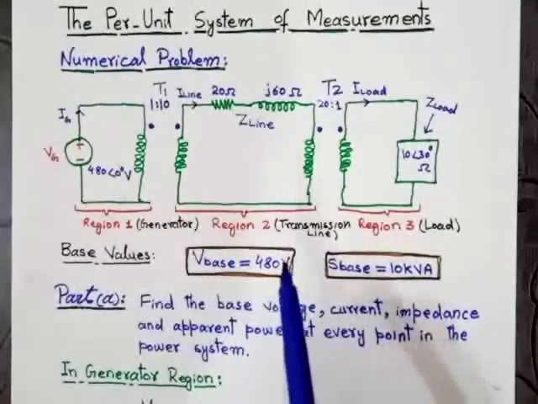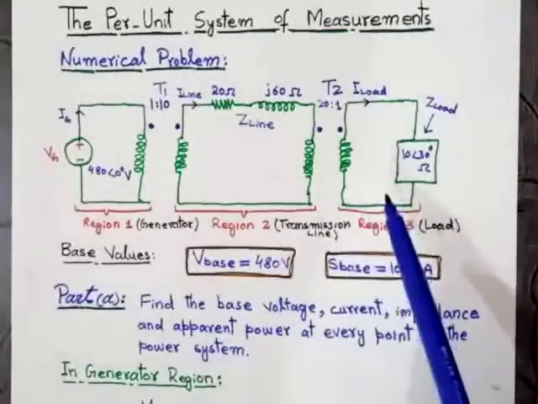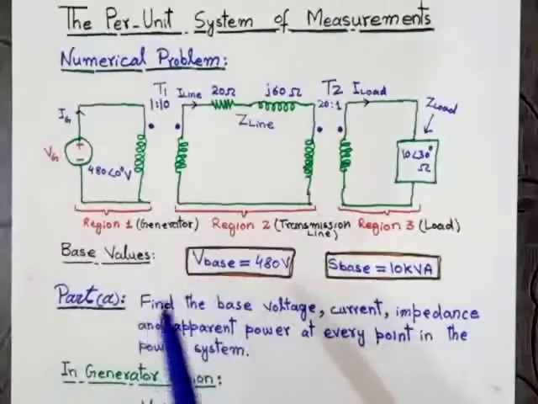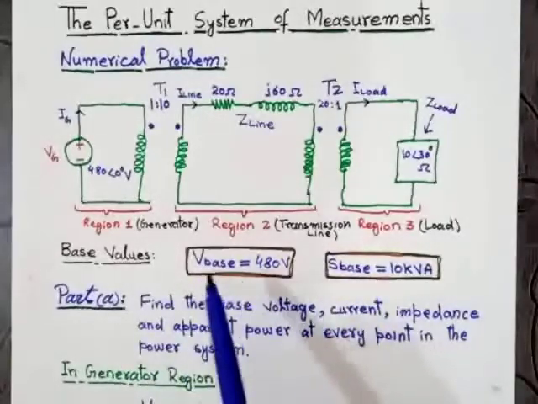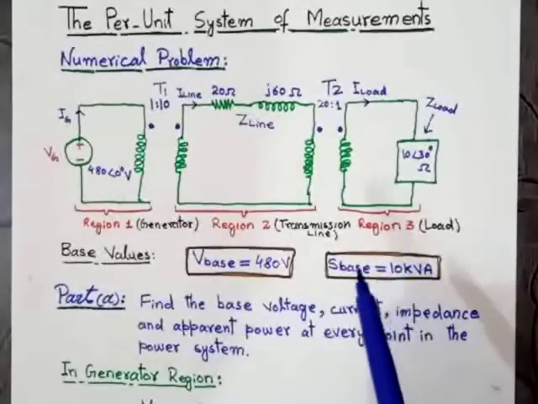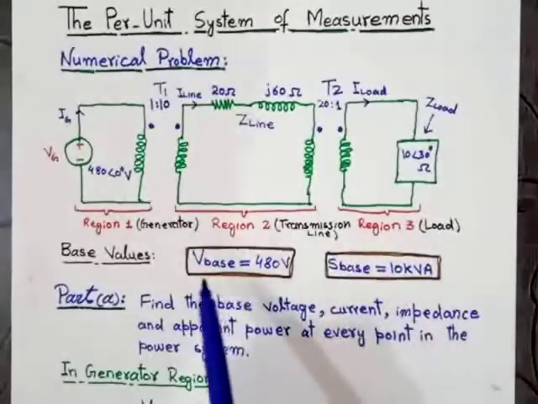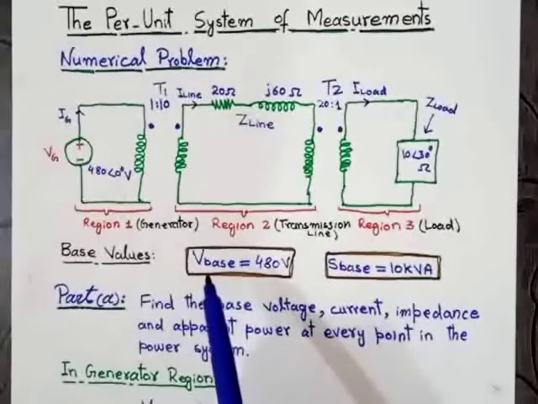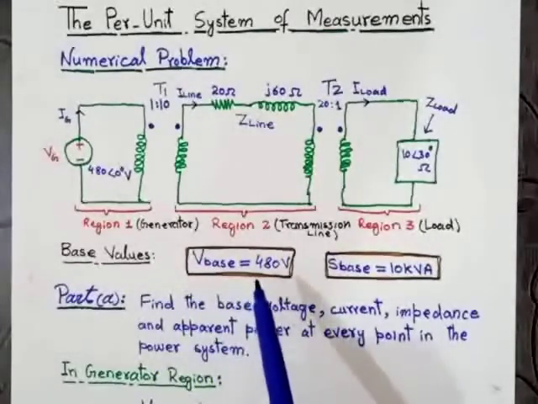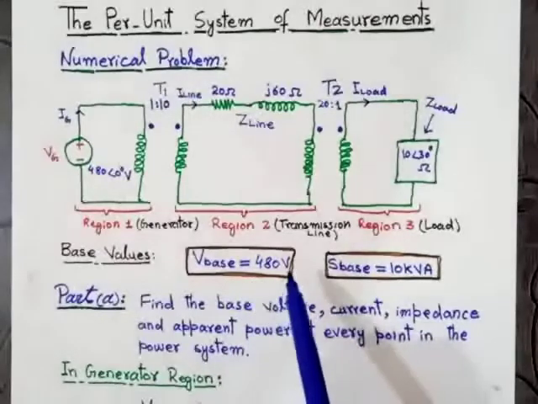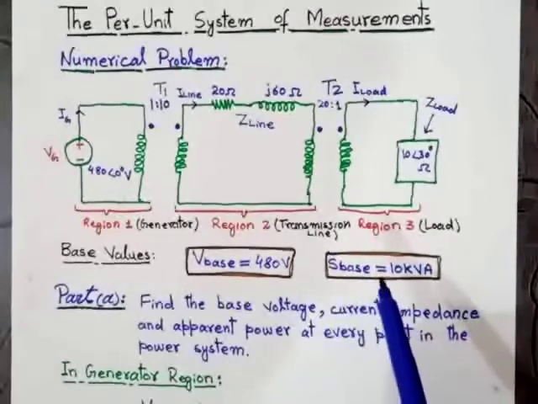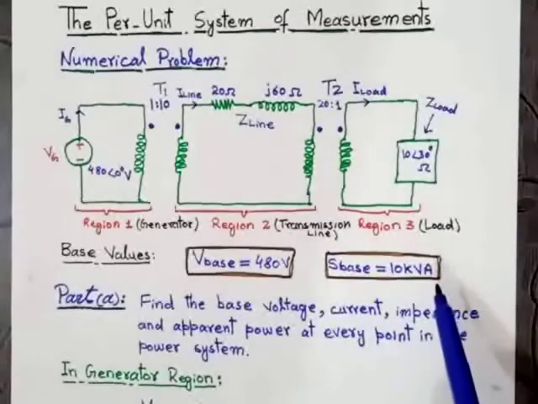In step number 1, as we have already discussed in the theory, first of all, we will select the 2 base values, that is the voltage base value and the apparent power base value. In this numerical problem, these 2 values are given. The base value of the voltage is equal to 480 volt, and the base value of the apparent power is equal to 10 kVA.